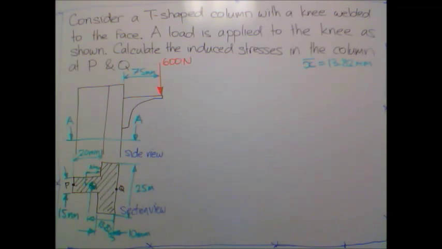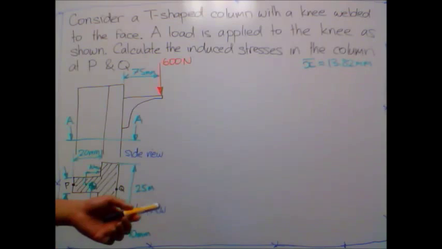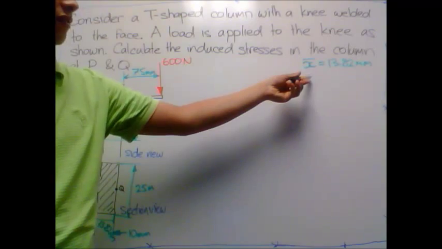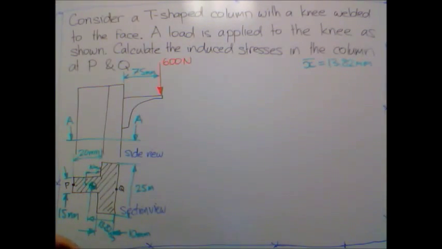Okay. Our next step now is to determine the area moment of inertia of our shape around the neutral axis. What we've been spending our time on is determining the location of the center of area, and our neutral axis coincides with the center of area.